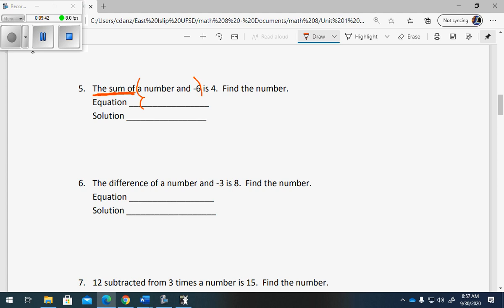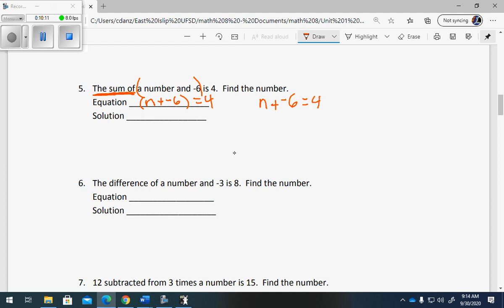So I could do a number plus negative 6 is 14. So in this case, the parentheses really weren't necessary. I had said a lot of times when you see the words the sum of, it gives you a hint that parentheses are necessary, but in this case I could have written as just n plus negative 6 equals 4.